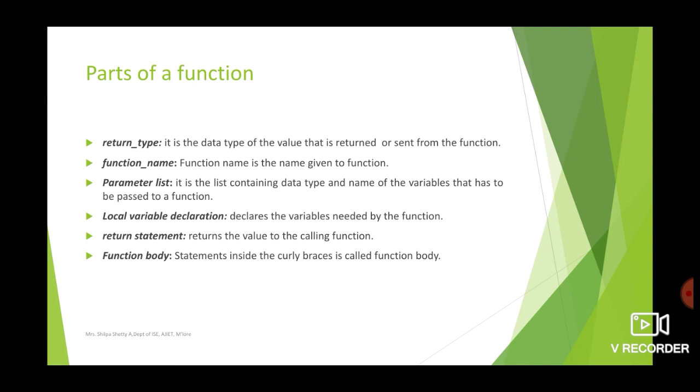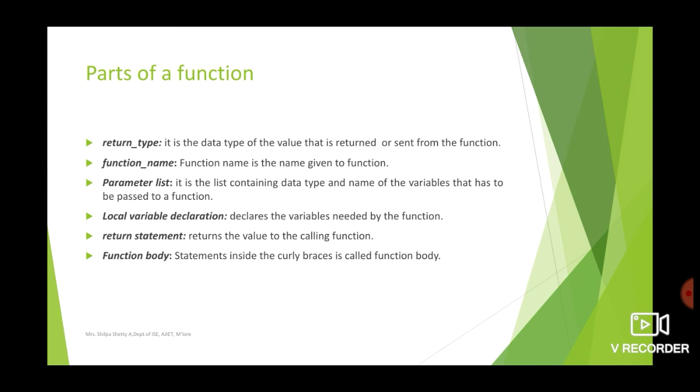Then we have the list of parameters. It is a list containing the data type and name of the variable that has to be passed to the function. So this is about the function header. Then inside the function definition we will have local variable declaration, that is, it declares the variables that are required by the function. Following that we will write all the statements that are part of the function.